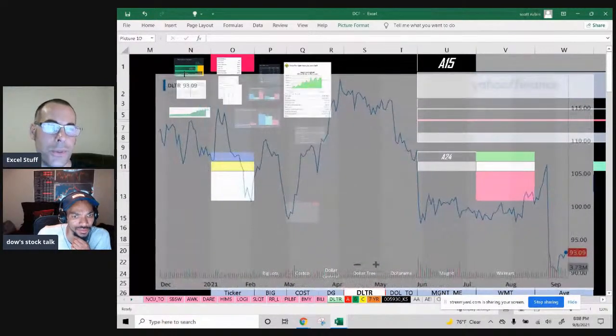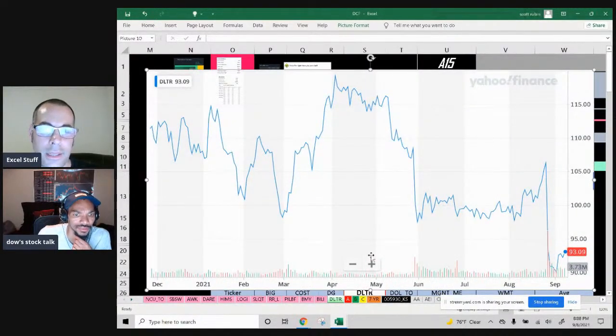It's based on purchase orders. You see all these red lines with this stock. Those are sell orders. The sell orders were so much more than the buy orders, that's why there's so much red here. All these sell orders brought the stock down. When you see green, there are more buy orders than sell orders, and that pushes the stock price up.